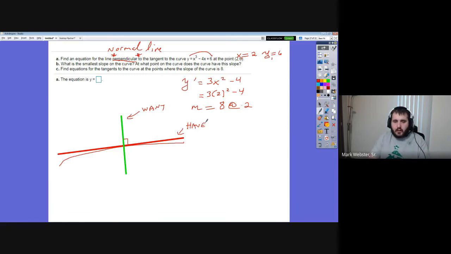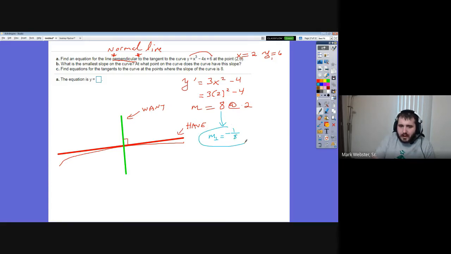So in order to find the slope of the new guy, it's opposite reciprocal. The perpendicular slope is going to be opposite. It was positive, now it's negative. Reciprocal, it was 8 over 1, now it's 1 over 8.